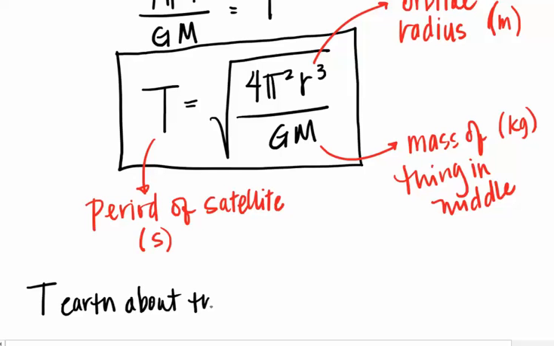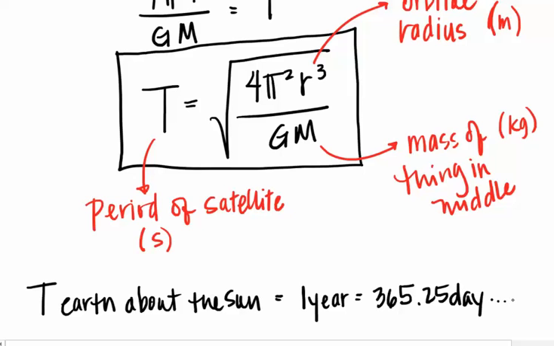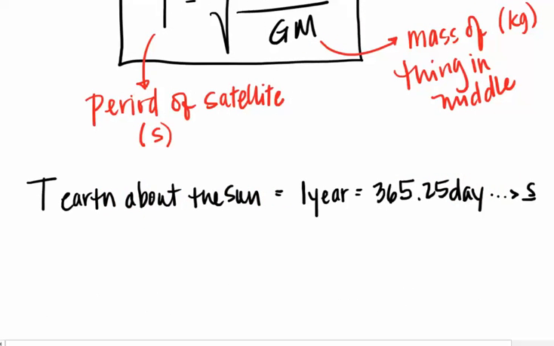It would be 1 year, which is 365.25 days. And then you'd have to finally get it to seconds, which is a lot of numbers. It's in that Rent song, right?